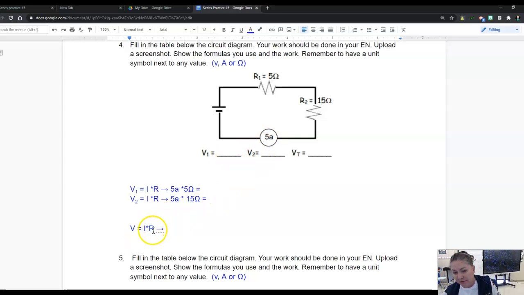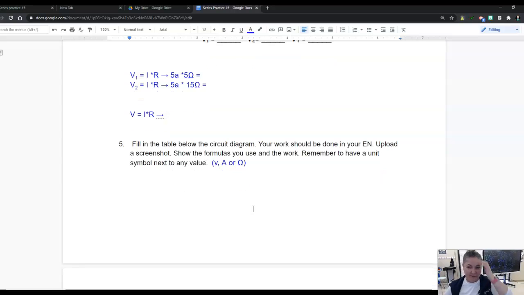That's what they gave us. But for R, since we're looking for the total voltage, we want to make sure we use the total resistance. So the total resistance would be adding these together. So 15 plus 5. So it's going to be 5 amps times 20 ohms. And your answer is in volts. Good to go. That's it for that one.